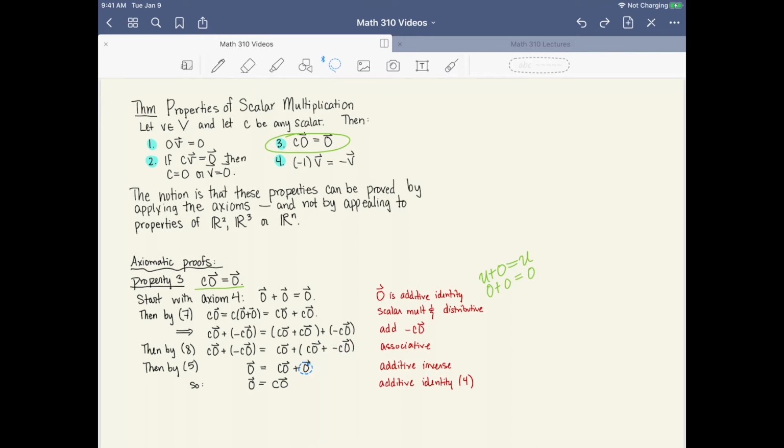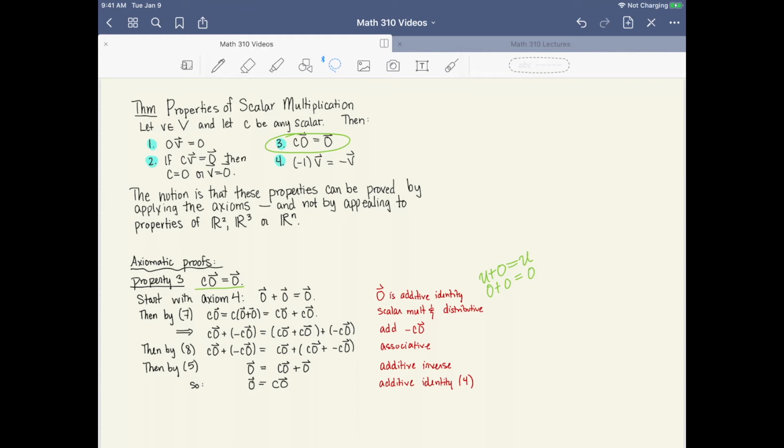And then what's left is to apply axiom 4 one more time to rewrite c0 plus 0 as c0. And then what we're left with is 0 is equal to c0, which was what we intended to show. So you have to be a little bit painstaking and careful, but all of these properties can be checked by applying the axioms.